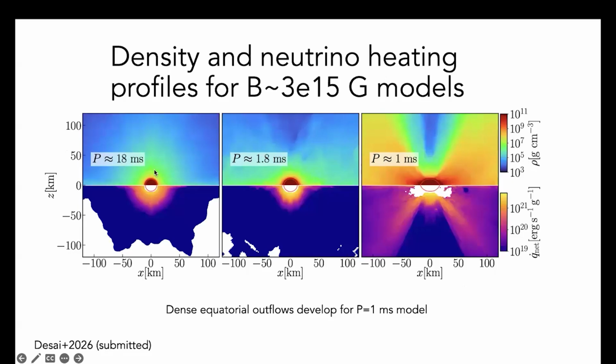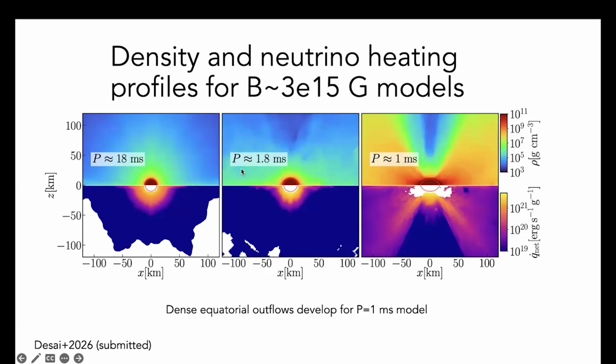So I'll jump right into the results. Here are, for the same magnetic field strength across these three models, three different rotation rates. So here's 16 millisecond rotation rate, around 2 milliseconds, and 1 millisecond. The top is density, and the bottom is net neutrino heating. So anywhere where it's yellowish down here, there's net neutrino heating, and this is where large outflows are being driven.